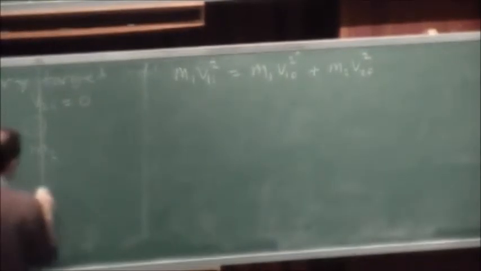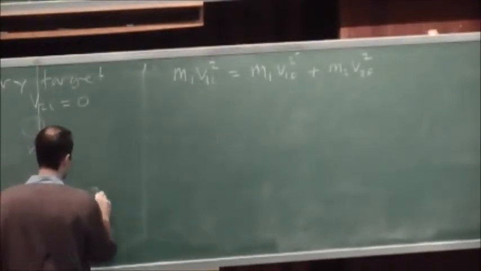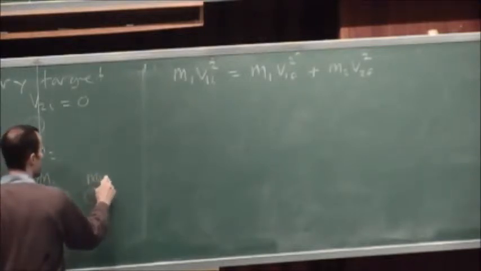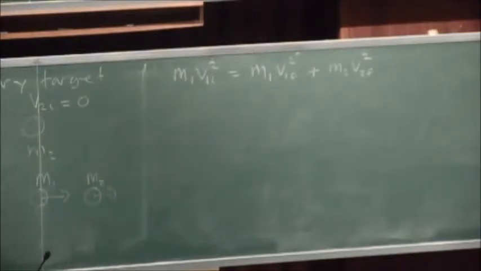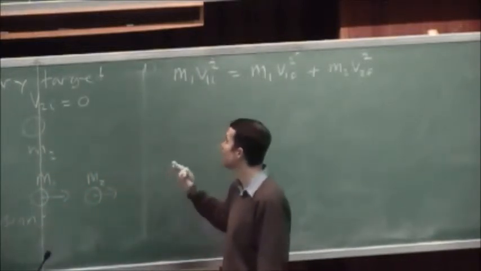Then afterward, we're going to have M1 and M2. And I should say one last thing. I didn't specify this, but this is a 1D collision for the moment. We will do two-dimensional collisions in just a minute.